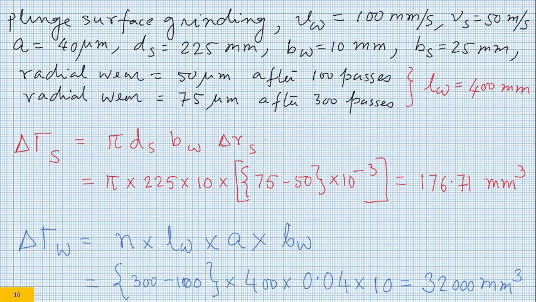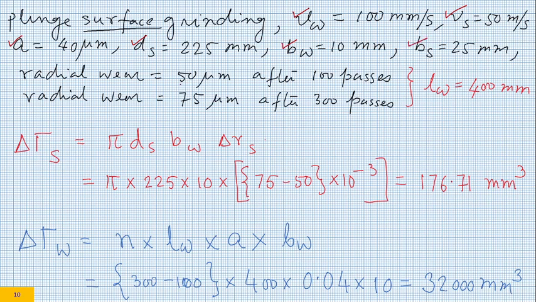Now let us come to some of the numerical problems. This is a case of plain surface grinding. Let me take some other color. VW is given, PS is given, downfeed is given, DS is given, width of the work material is given, width of the grinding wheel is given.